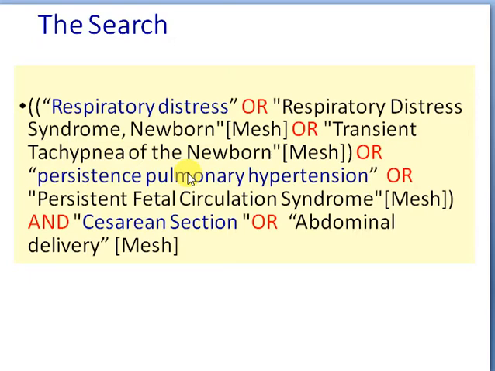Then we use AND as a Boolean logic. After that, the next text is cesarean section, or there is another word that can replace cesarean section: abdominal delivery, or we can say cesarean delivery also. This is how to search. It has its own topic, so we're going to see it in a different topic.